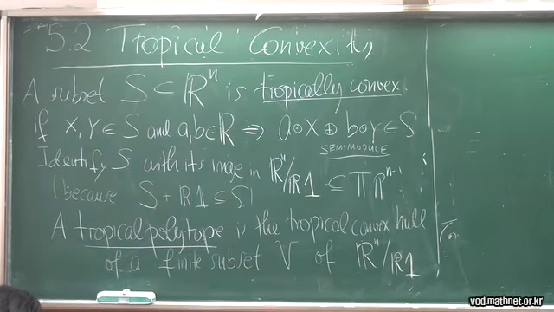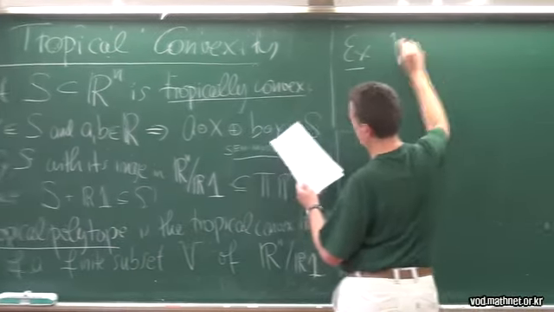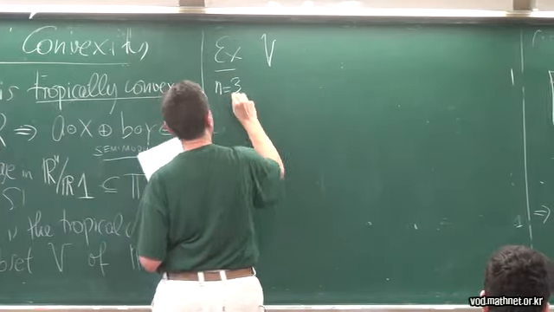Okay? So how are we going to compute these things? How are we going to draw these things? Let's do an example. Let's do an example with n equals 3.